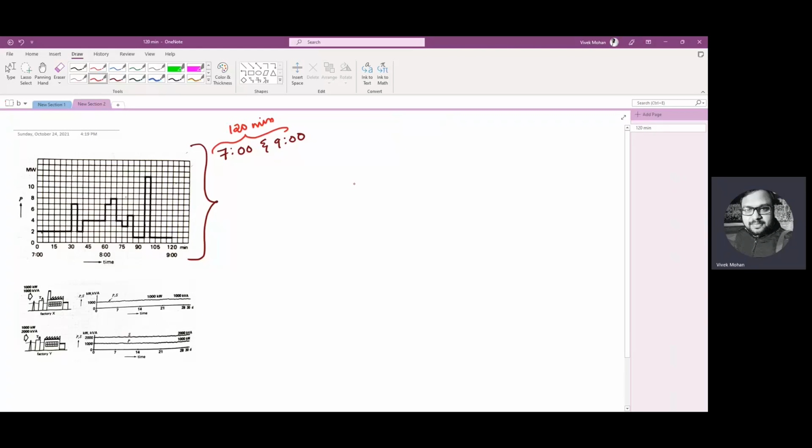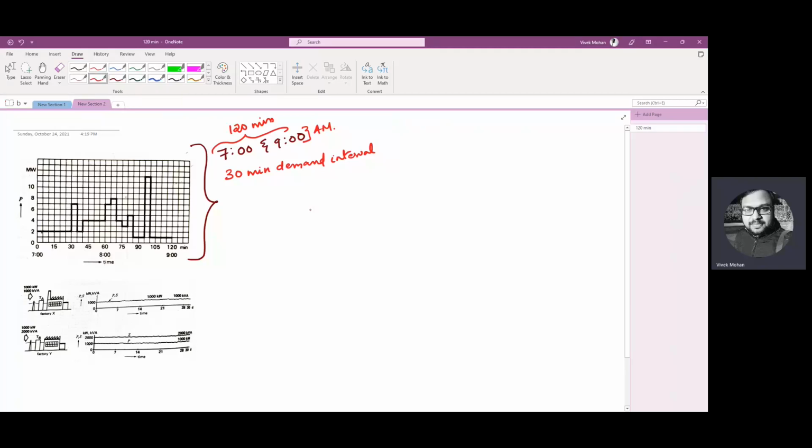We have already explained what a demand interval is, the interval at which the average demand is measured. So let it be a 30 minutes demand interval. This is 7 to 9 a.m., the morning.